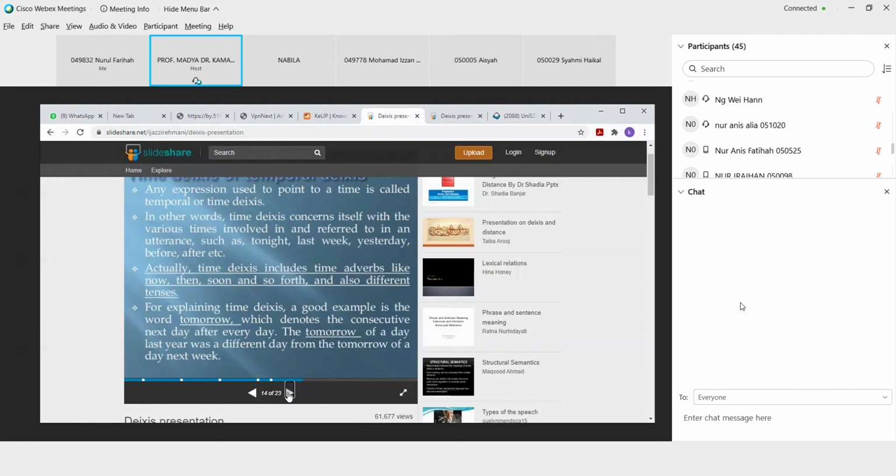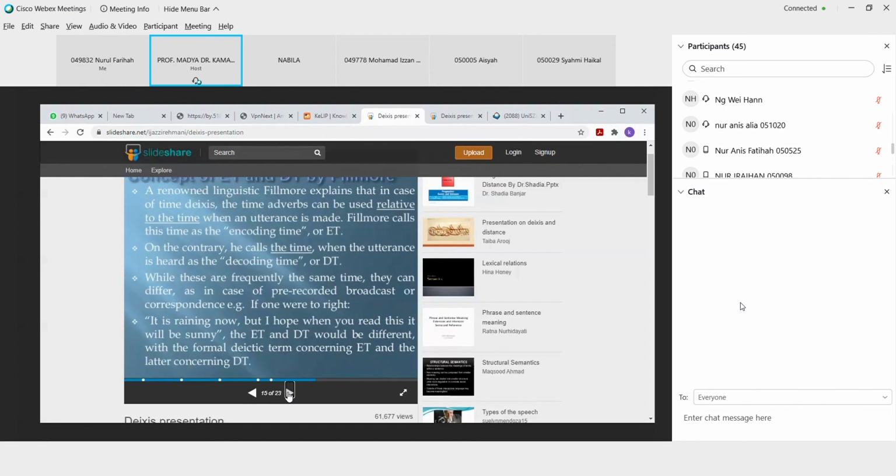A good example is the word tomorrow, which denotes the consecutive next day after every day. So the tomorrow of a day last year was a different day from the tomorrow of a day next week. To repeat before we end, there are three types of deixis: person deixis, time deixis, and place deixis.